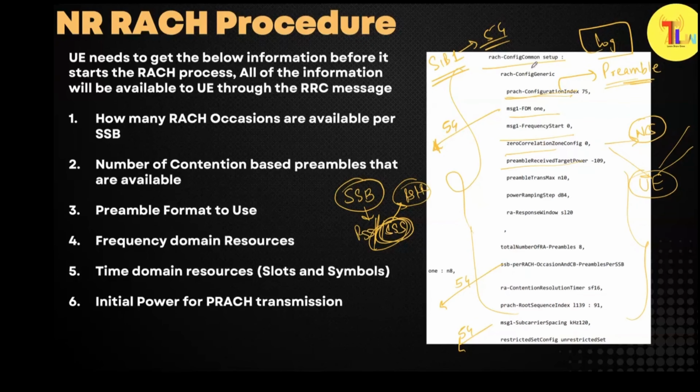But in 4G, we have only one, that is 15 kilohertz. So there are upgradations. You need to first understand the 4G technology, then you will be able to understand the 5G one also. Now PRACH config index tells you about the preamble format.